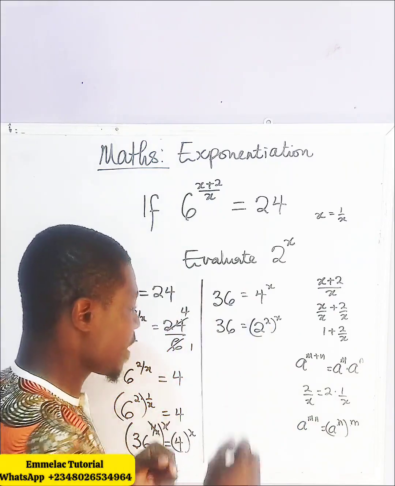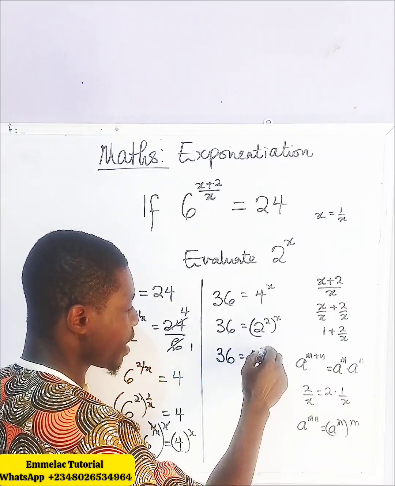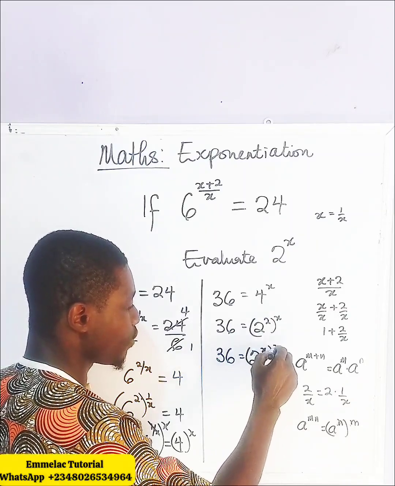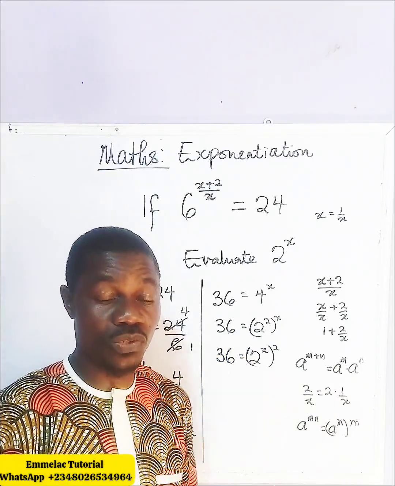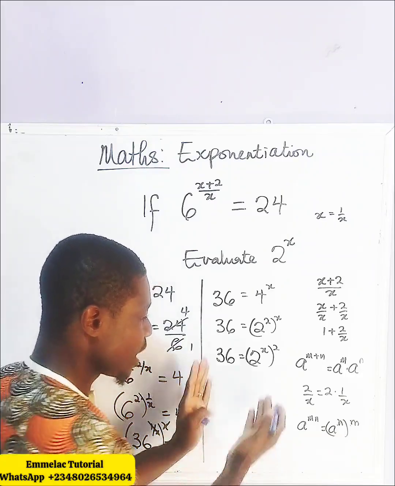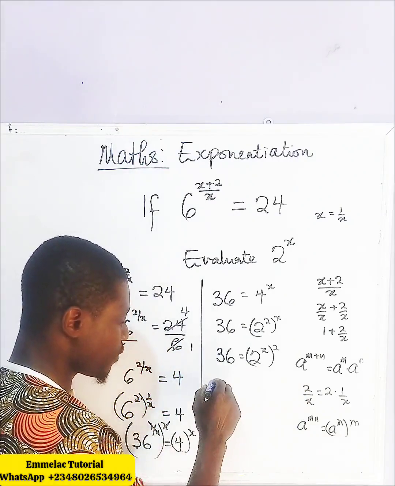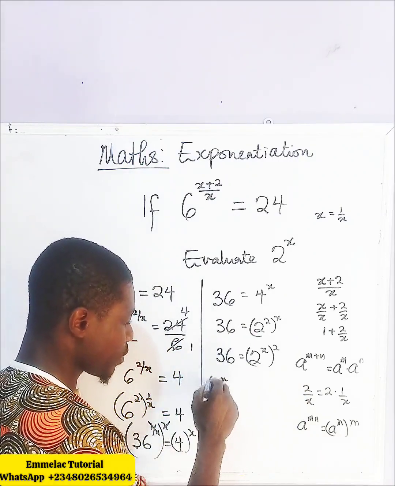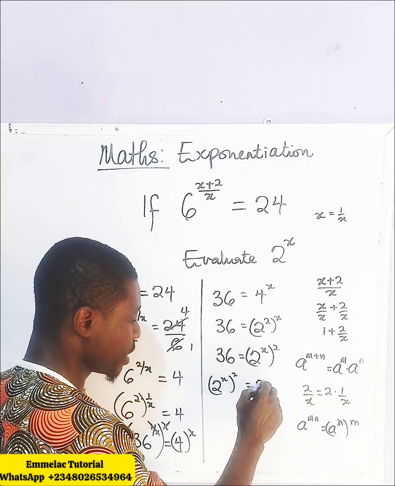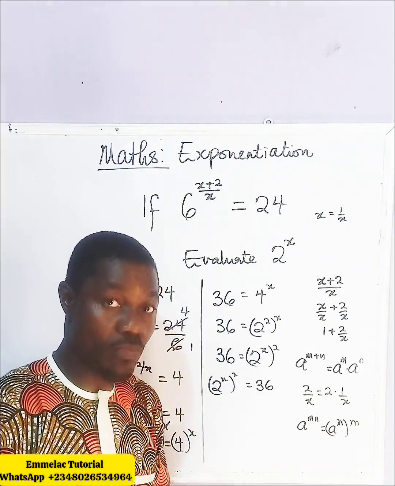So we have 36 equals 2 raised to the power of x, all raised to the power of 2. Let's swap the expressions, so we have 2 raised to the power of x, all raised to the power of 2, equals 36.